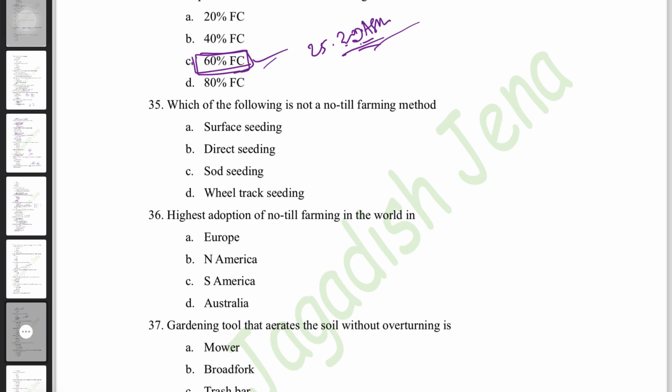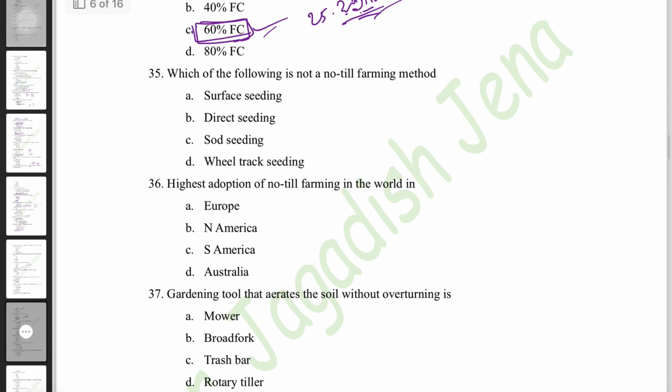Next question: which of the following is not a no-till farming method? That is wheel track seeding. So basically, the seeding implement is attached to the machinery.